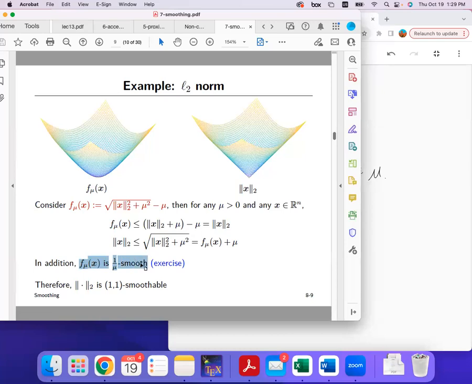Moreover, this function is 1 over mu smooth. You can check the gradient and the Hessian and show this property. So this shows that the L2 norm is 1 smoothable. So it's relatively easy to smooth this function.